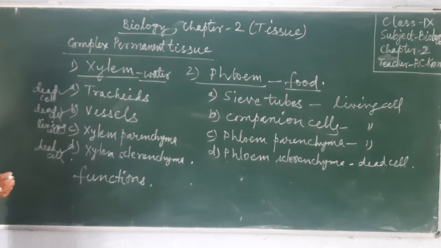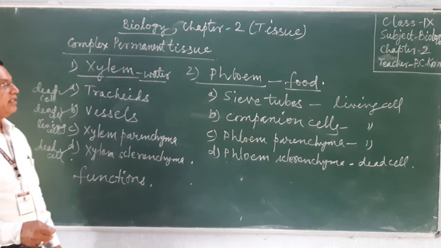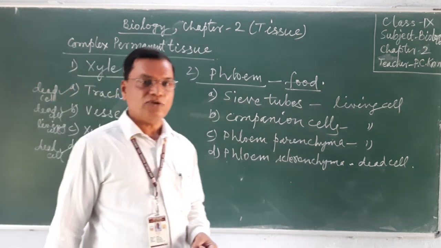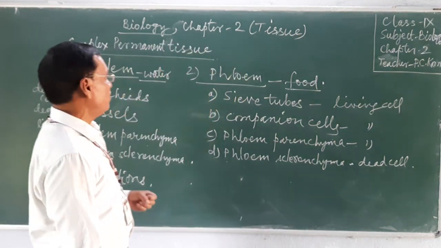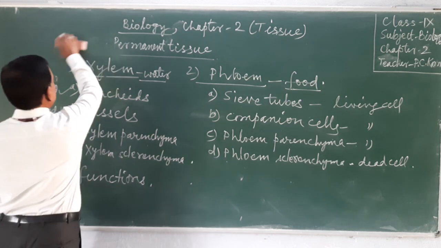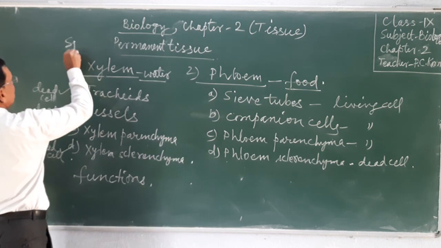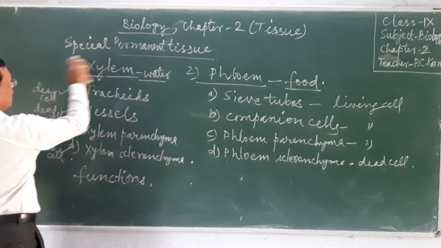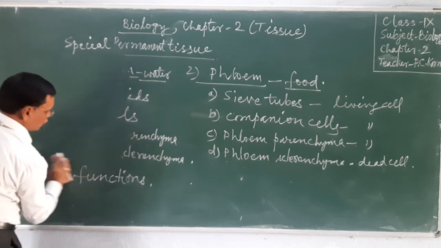So these all are the functions and differences between xylem and phloem. Now you must remember one thing, that you may be asked in the examination to write down the differences between xylem and phloem. Now come on to the special permanent tissue.